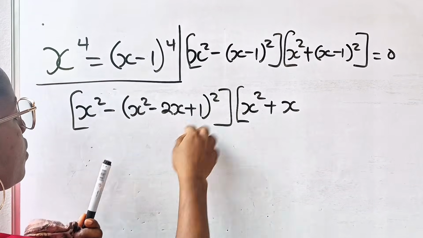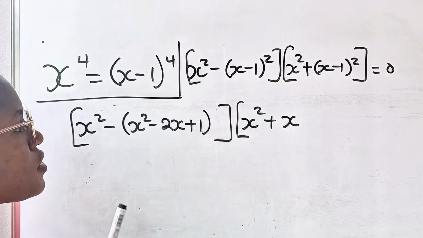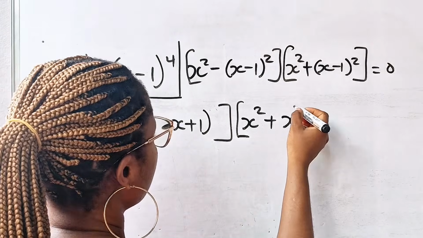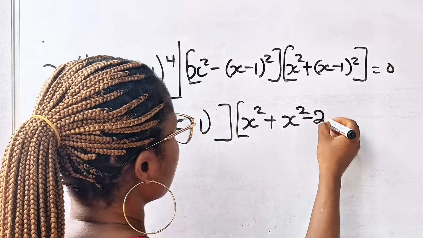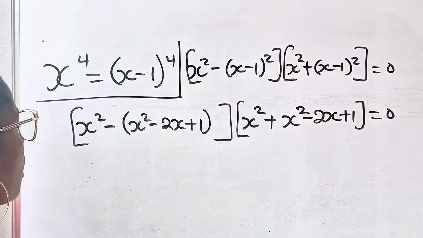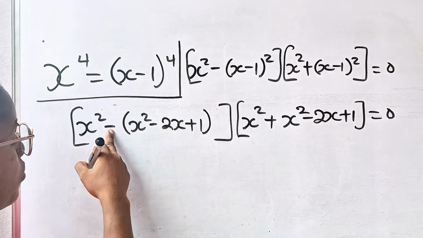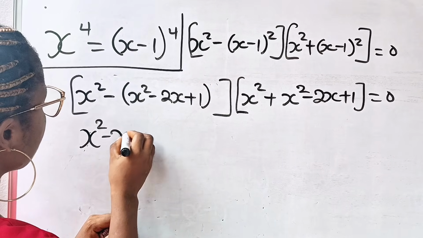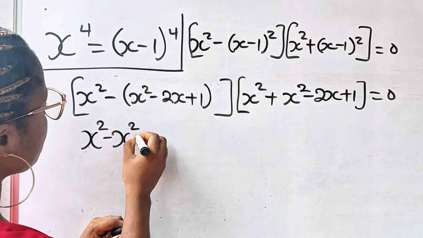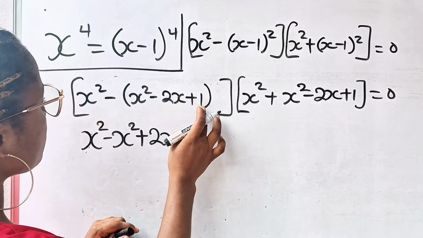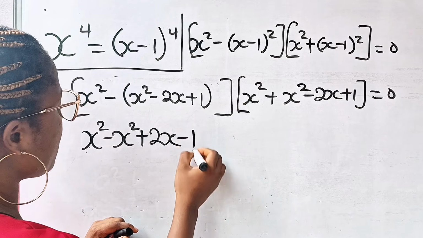We have opened the bracket, okay? Then plus x squared minus 2x plus 1 is equal to 0. So let's open this bracket because of this negative sign. We have x squared minus x squared, minus minus becomes plus, plus 2x, minus minus is minus, plus is minus.